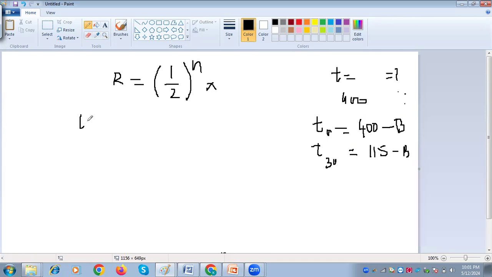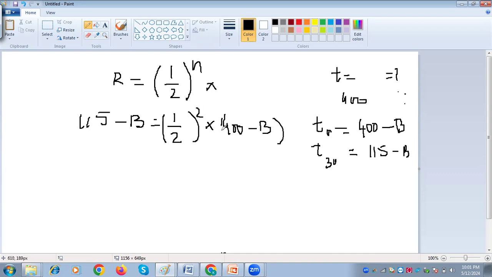So we will write 115 minus B equals 1 upon 2 to the power 2 half-lives, into 400 minus background, the initial actual count N0.